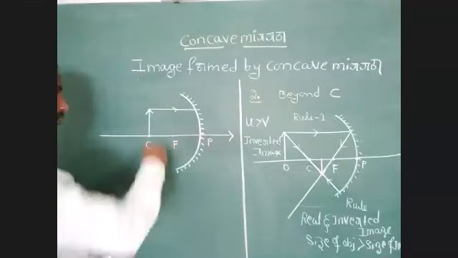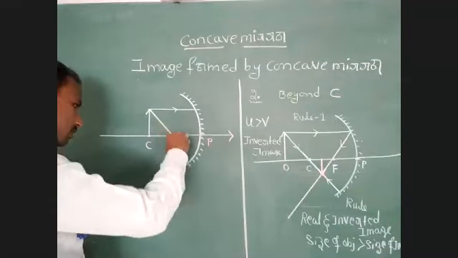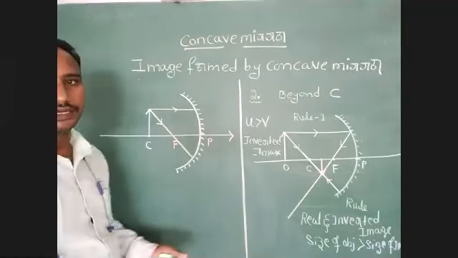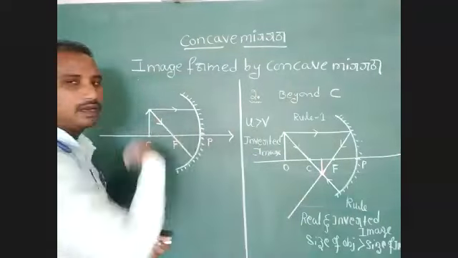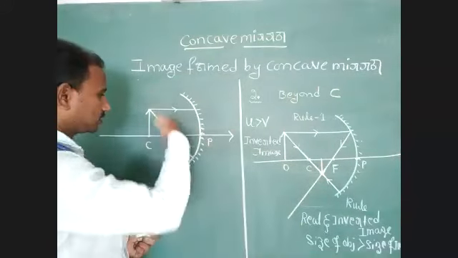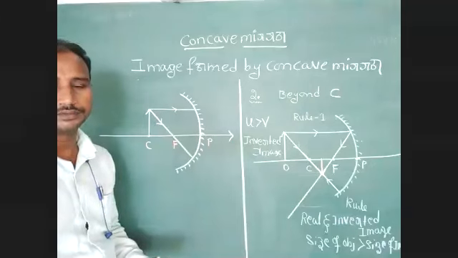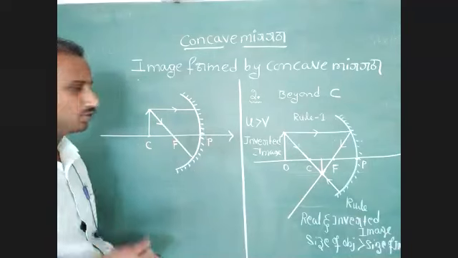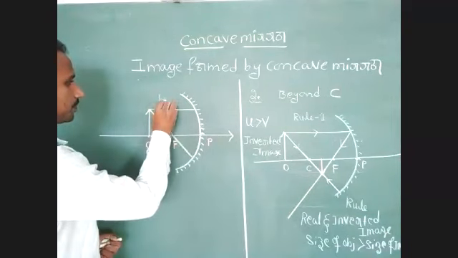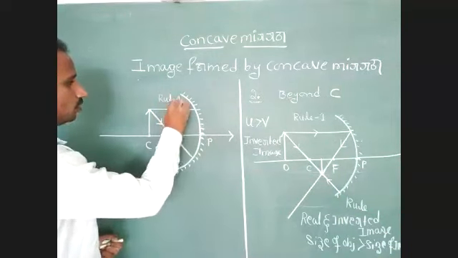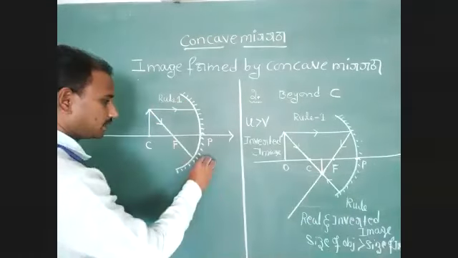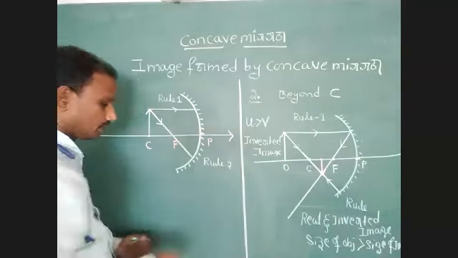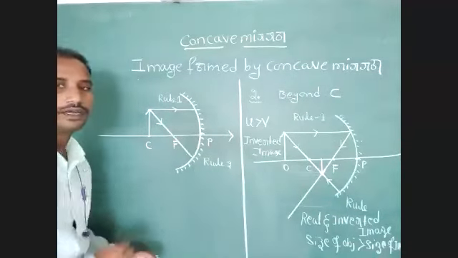Another marginal ray is passing through the principal focus. Here we have to apply the rules. How many rules? Four rules. Rule 1. Next, rule 2. Now draw the reflected ray.